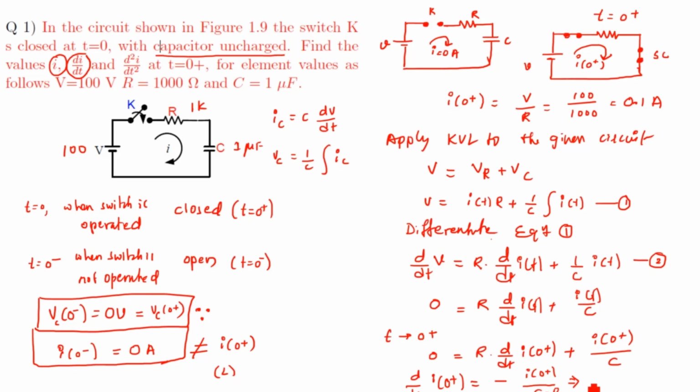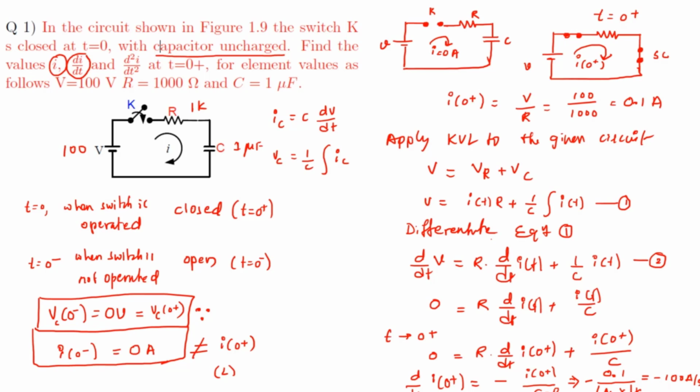Simplify this. So I of 0 plus is 0.1, divided by C. C is 1 micro, into R is 1K, that is equal to minus 100 amperes per second.